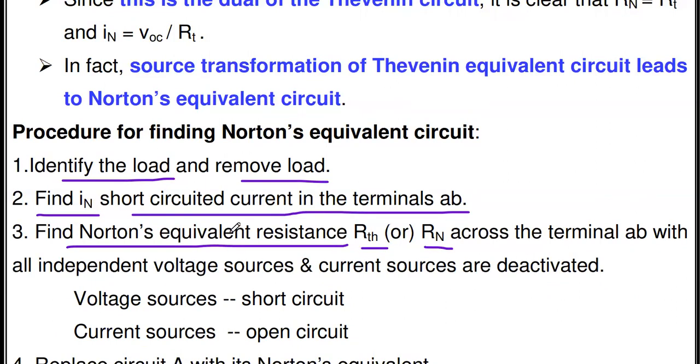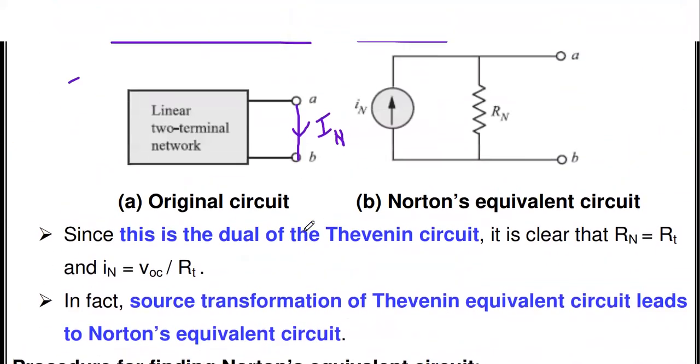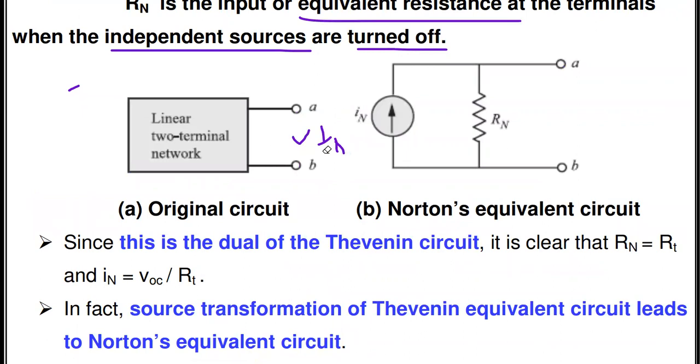What is Norton's equivalent resistance? This Norton's equivalent resistance calculation is the same as the Thevenin's equivalent resistance calculation. So we have to measure the total resistance across this terminal A and B. This entire circuit we have to reduce into one single resistance.